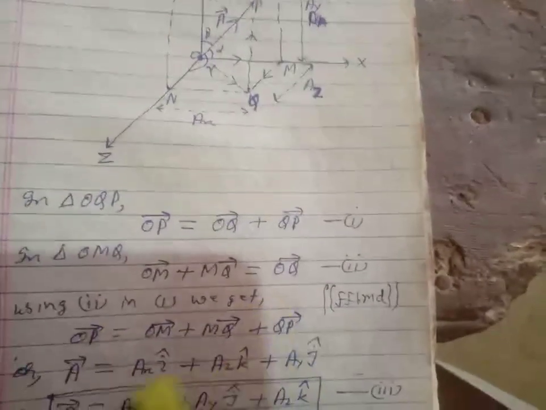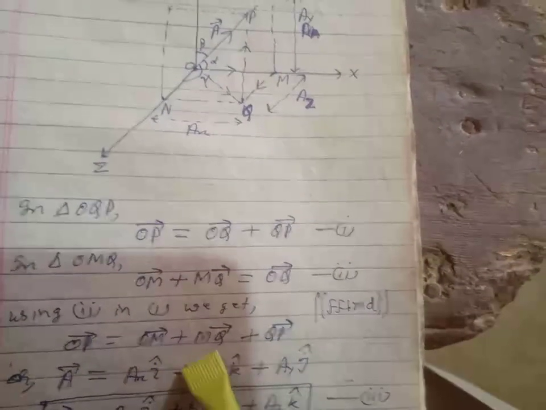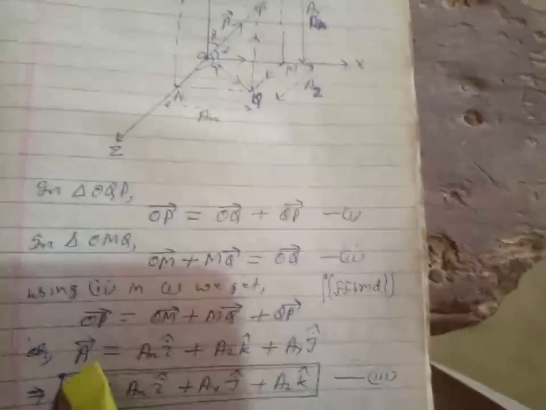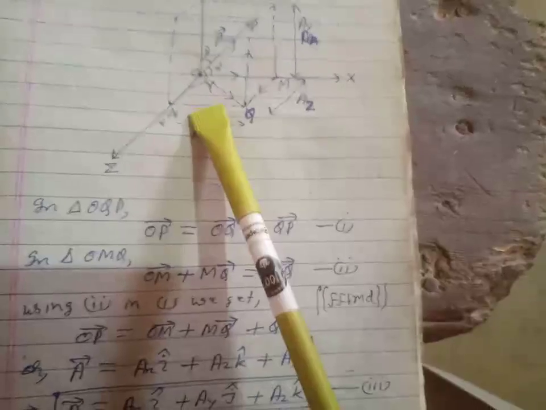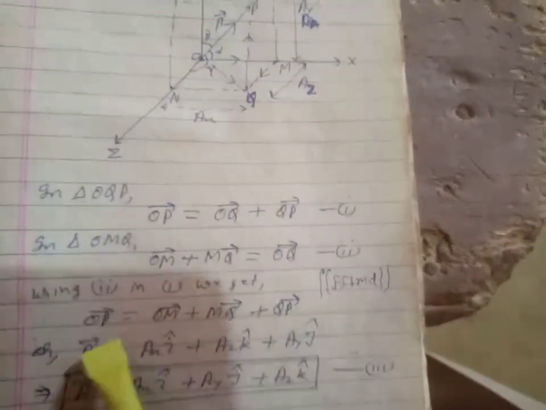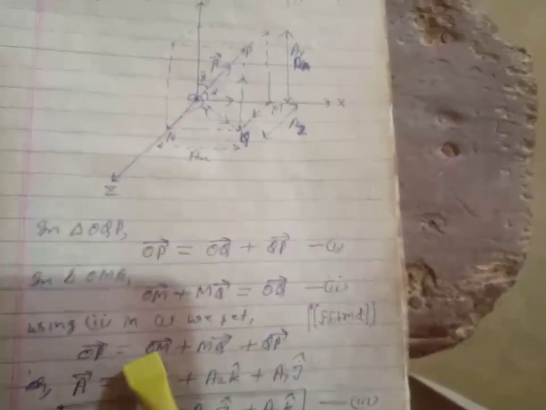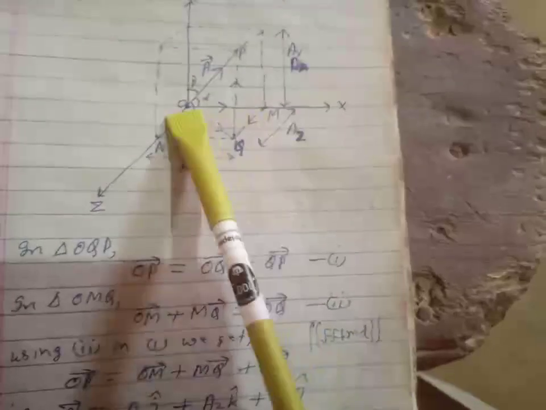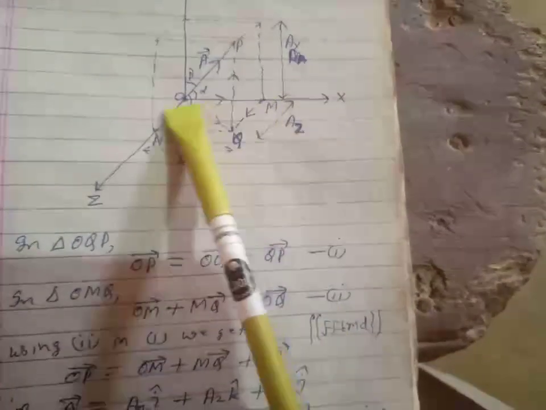Using 2 in 1, we get vector OP equals vector OM plus vector MQ plus vector QP. Because we have chosen OP vector as A vector, in place of OP vector we use A vector.